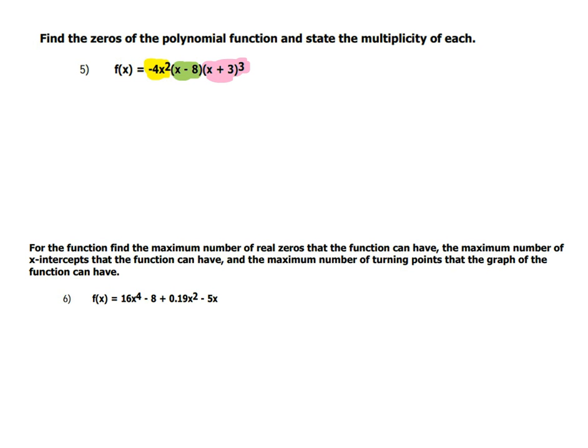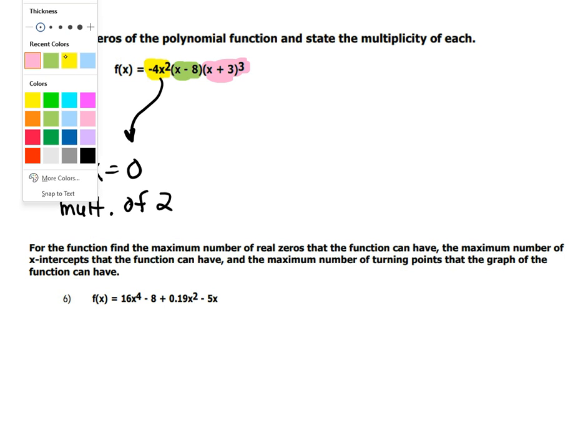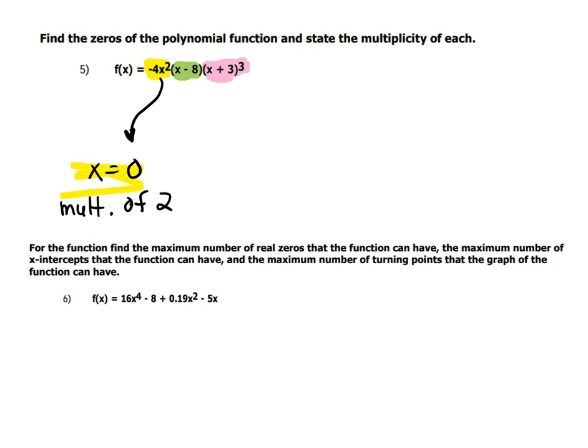Well, for this first one, if negative 4x squared equals 0, then x would have to be 0. But this is a multiplicity. I'm just going to abbreviate multiplicity of 2 because it has an exponent of 2 on it. Okay, hope that makes sense.